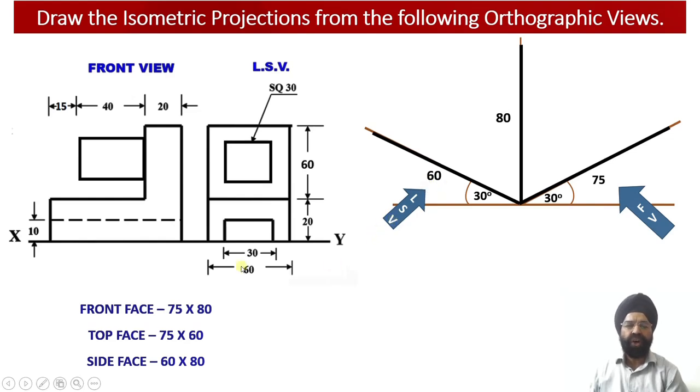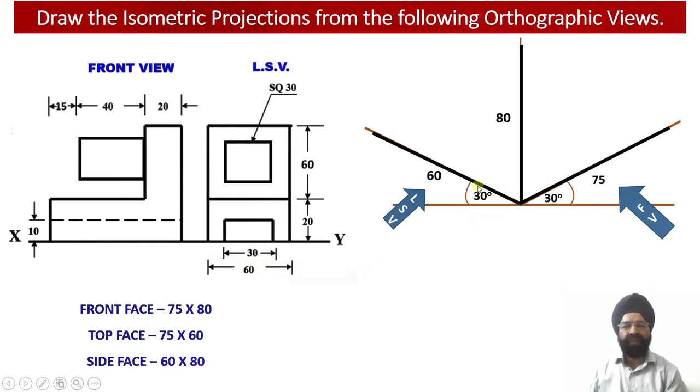And since we know that the dimensions of the left hand side face happen to be 60 millimeter by 80 millimeter, along the isometric x-axis we are going to project the dimension which is equal to 60 millimeter, which happens to be the width of the solid. So the width of the solid is 60 millimeter.